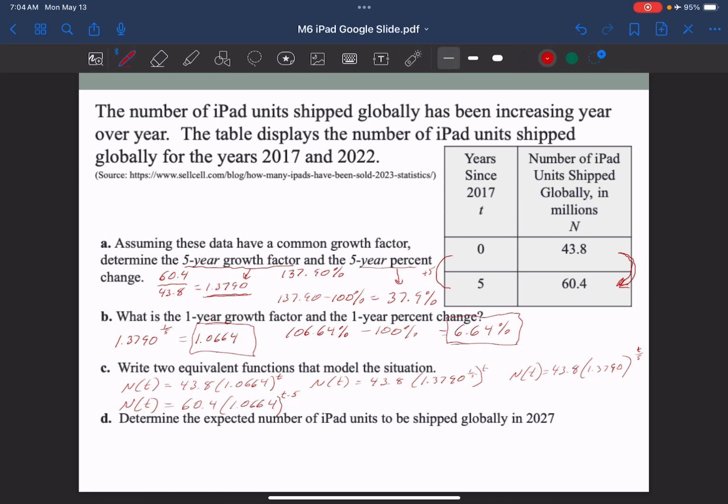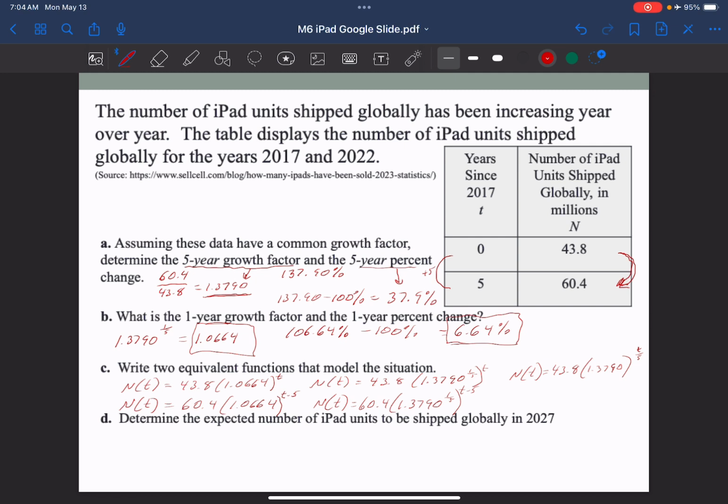Again, we could write that using the 5-year change factor, same way we did before. 60.4 times 1.3790 to the 1/5 power, just like before, t minus 5.